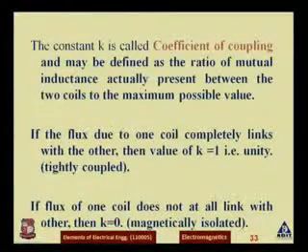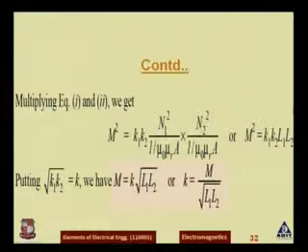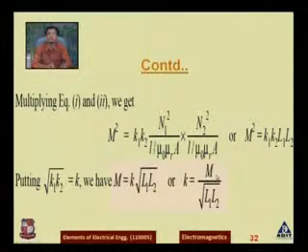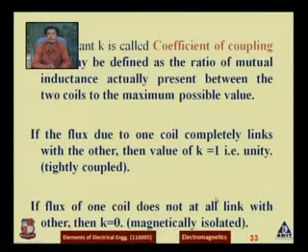It may be defined as the ratio of mutual inductance actually present between the two coils to the maximum possible value. That means here you can write K is equal to the ratio of the mutual inductance divided by the total inductance between the two coils, right?